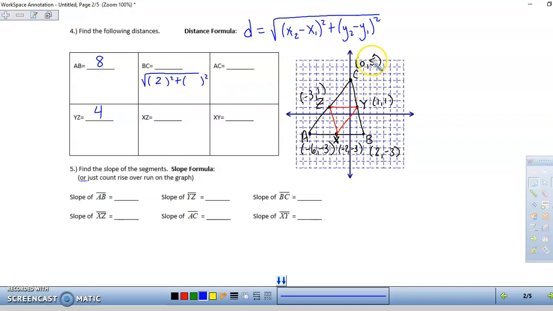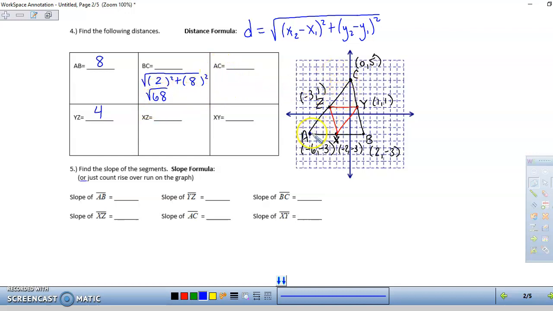So the y's are going from 5 to -3. Those have a distance of 8. So then you're going to square and then add. So I have 64 plus the 4. So this is going to be square root of 68. We'll come back to that in a second.